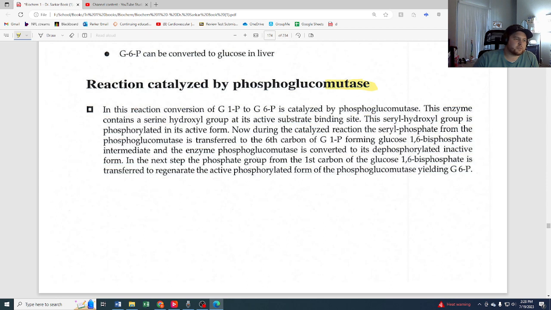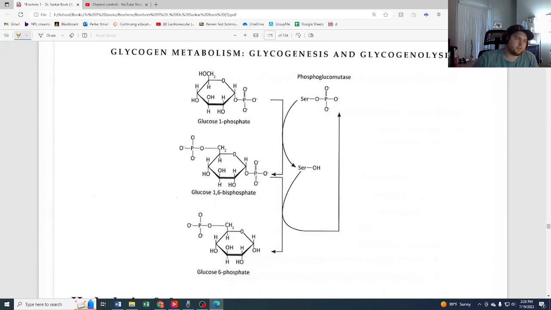In the next step, the phosphate group from the first carbon of the glucose 1,6-bisphosphate is transferred to regenerate the active phosphorylated form of phosphoglucomutase, yielding G6P. So hopefully that made sense. This is our phosphoglucomutase.